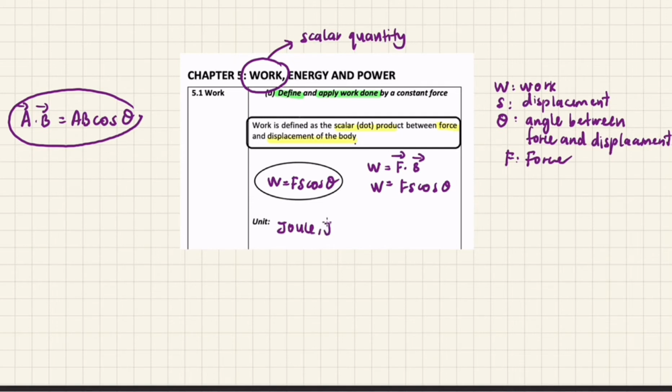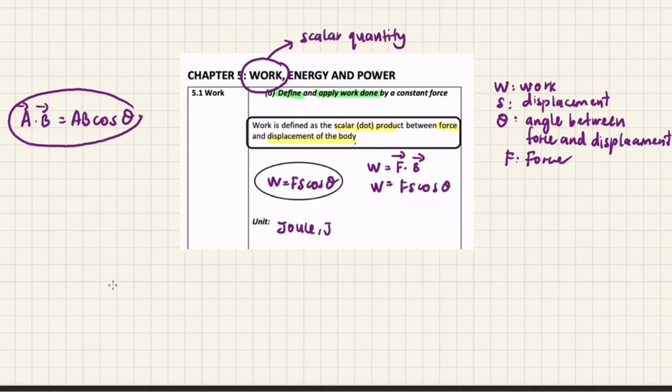However, even though work is a scalar quantity, we can also get a positive and negative value for work. But since it's a scalar quantity, the positive and negative here does not represent the direction. It has a different meaning.